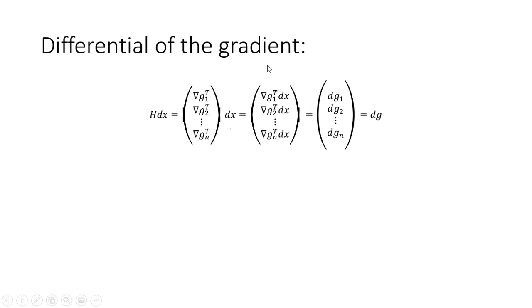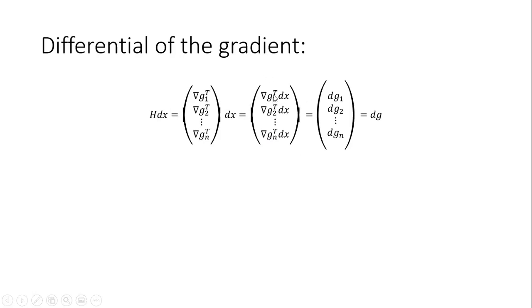So the differential of the gradient will be H multiplied by dx, which is the vector of the gradients of the elements of G, multiplied by the differential of x. Now, this multiplication can be done element-wise. The first element is multiplied by dx, the second element by dx, until the last element is multiplied by dx, and we get this vector.